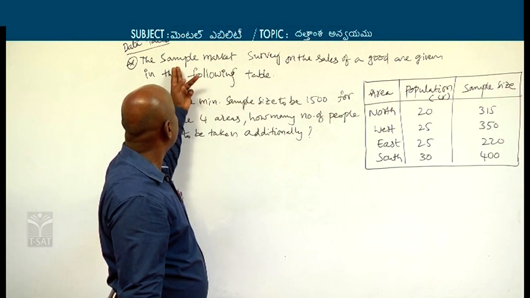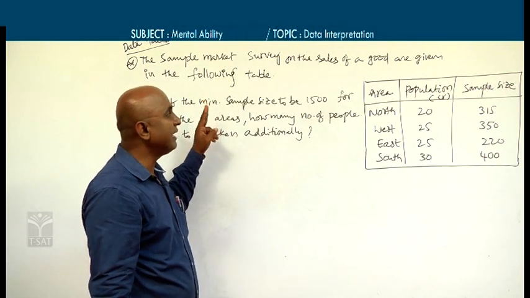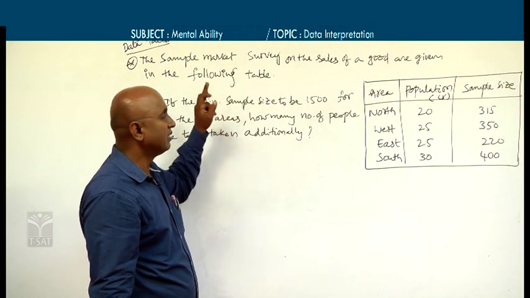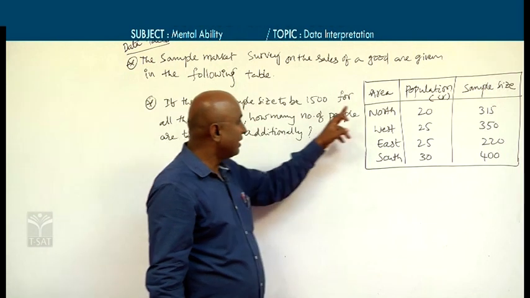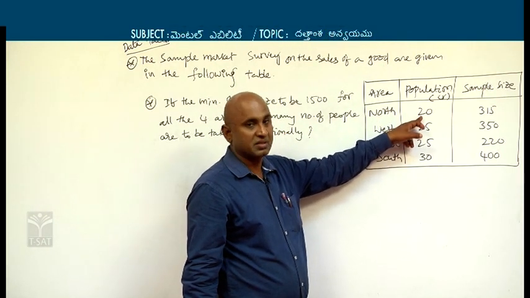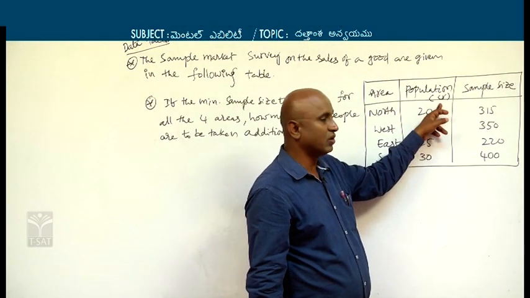So the problem is the sample market survey on the sales of a good are given in the following table. What is the table? In the area north, the population of the north zone is 20 crores and the sample size taken is 315. It is in the crores.